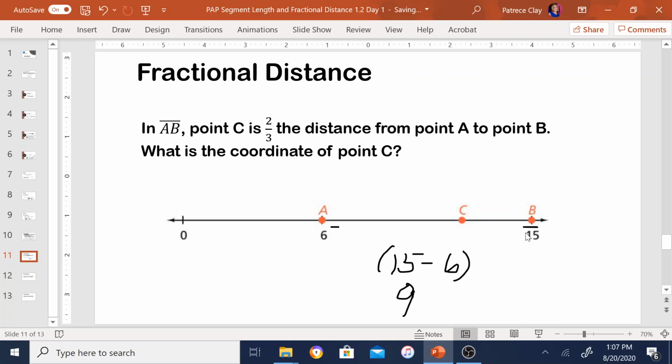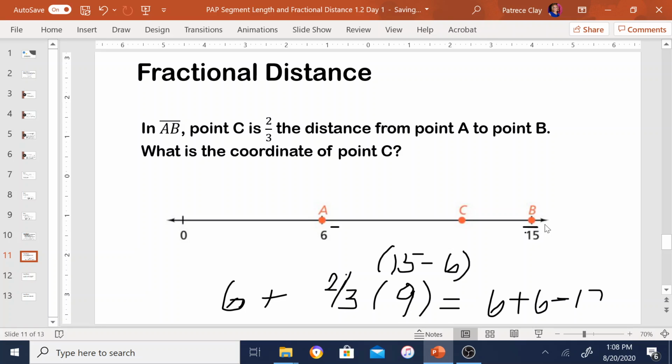So we have 9 times 2/3, and then our first point was 6. So 2 times 9 is 18, divided by 3 is 6. So 6 plus 6 is equal to 12. Let's make that other line so we get that real good. Everyone follow?